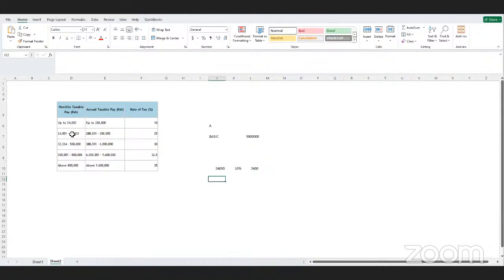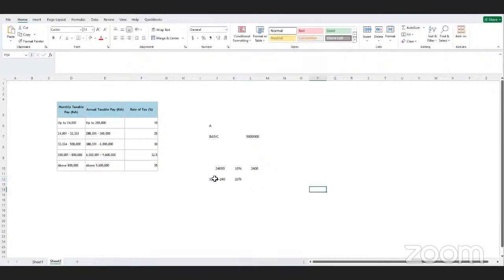Then the next range is from 24,001 to 32,333. So we take 32,333 minus 24,000. The difference is the one which we will multiply by 25%.